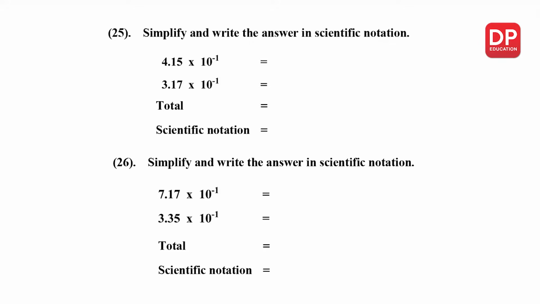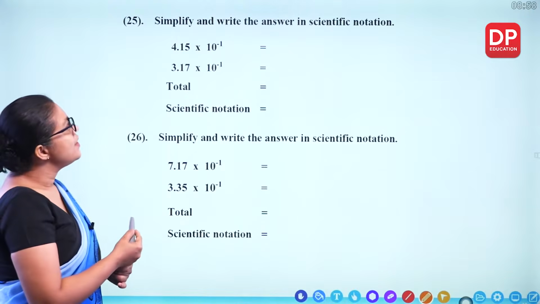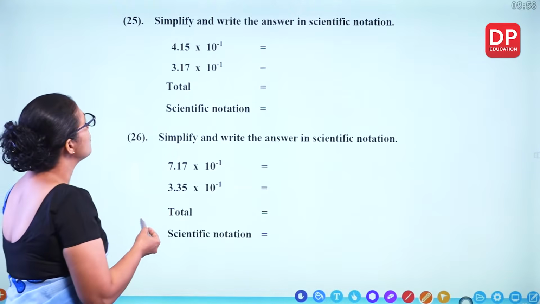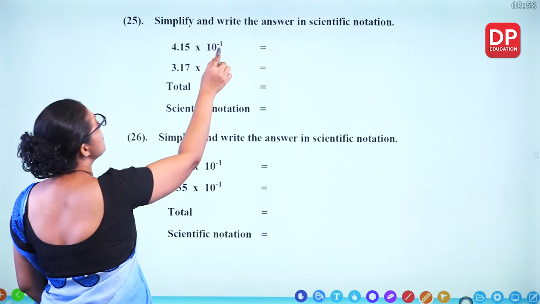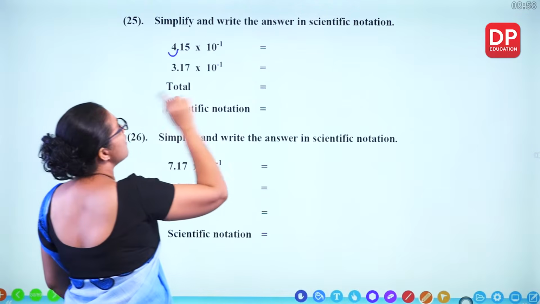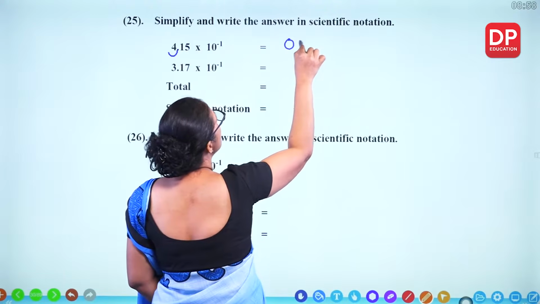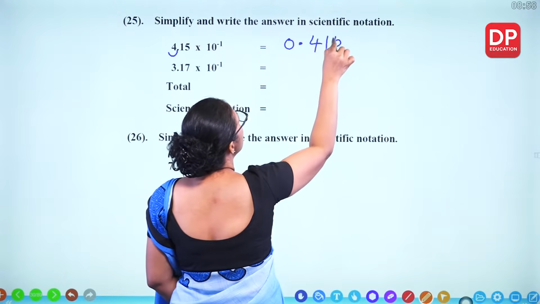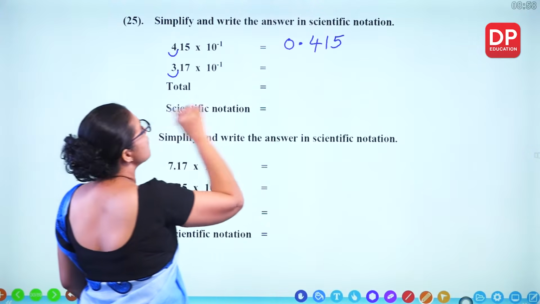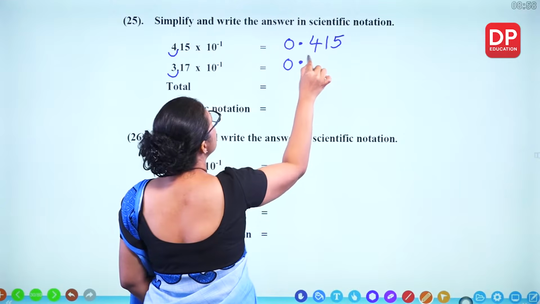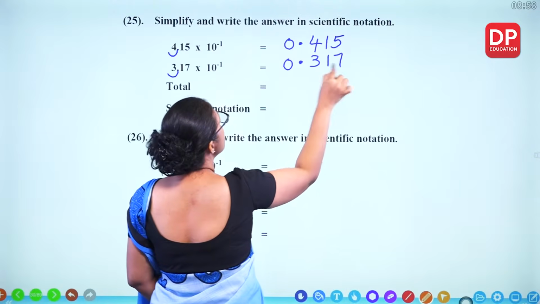Simplify and write the answer in scientific notation. So you are getting addition again. Total means addition. So what do you do? Write in general form. 10 to the power minus 1 means 1 place to the left: 0.415. 10 to the power minus 1 means 1 place to the left: 0.317.